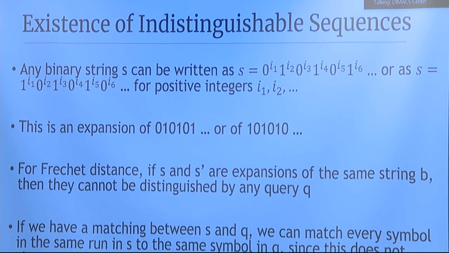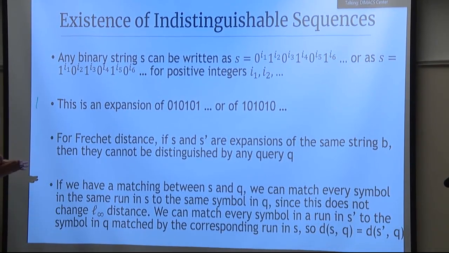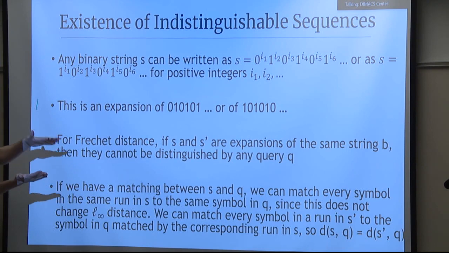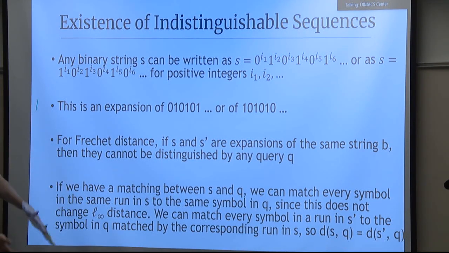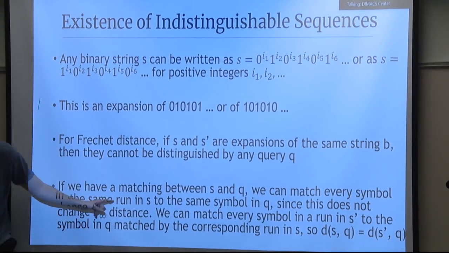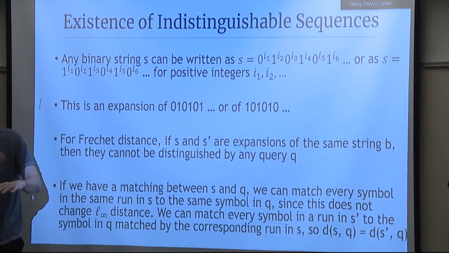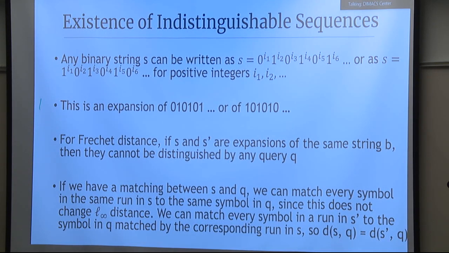Here is kind of a wall of text, but let me read this. If we consider a matching between our secret S and Q, you can think of Frechet distance as a matching. Then the point is we can match every symbol in the same run in S to the same symbol in Q, right? Because it doesn't change the L infinity distance.